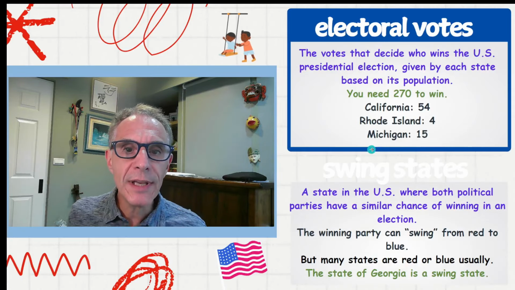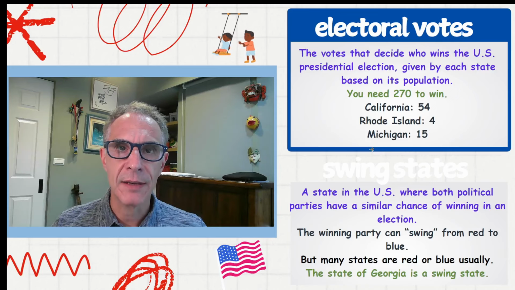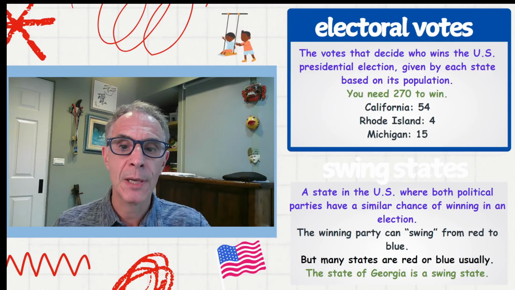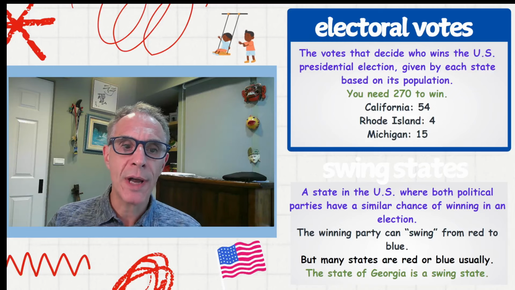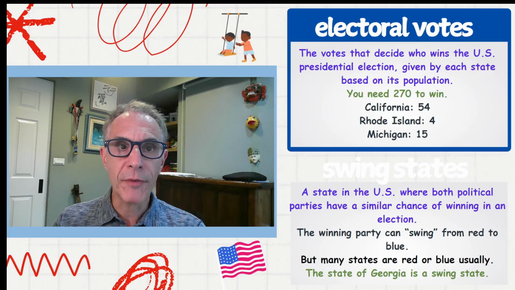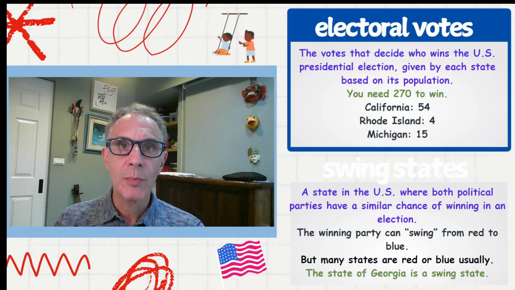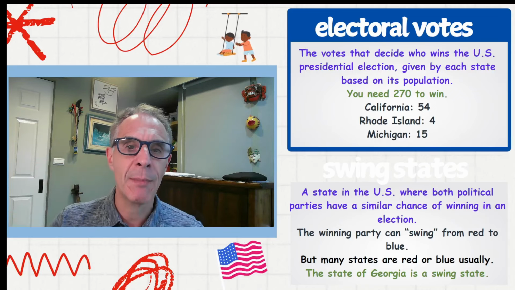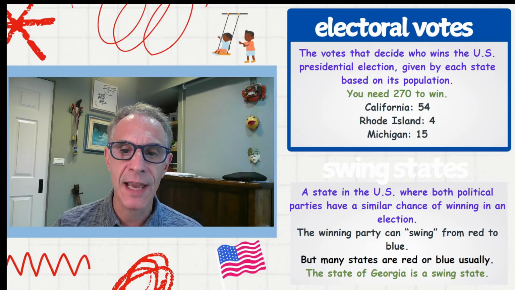Now, when voting day comes, and voting day is the first Tuesday in November, okay, the candidates want to get electoral votes. And electoral votes are the number of points or votes in each state in America. America has 50 states.